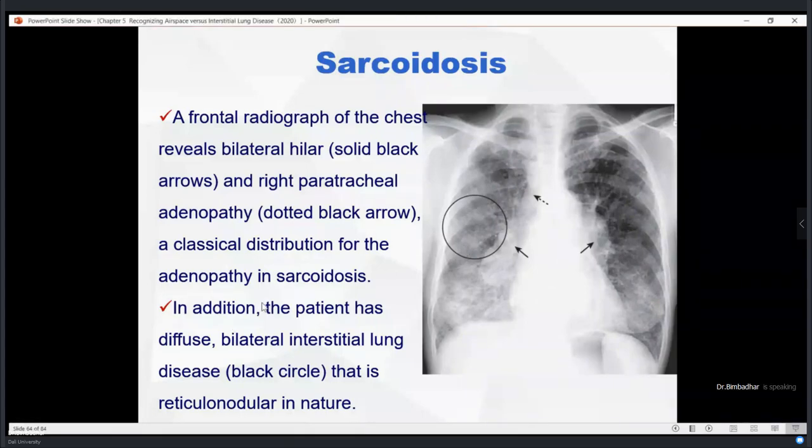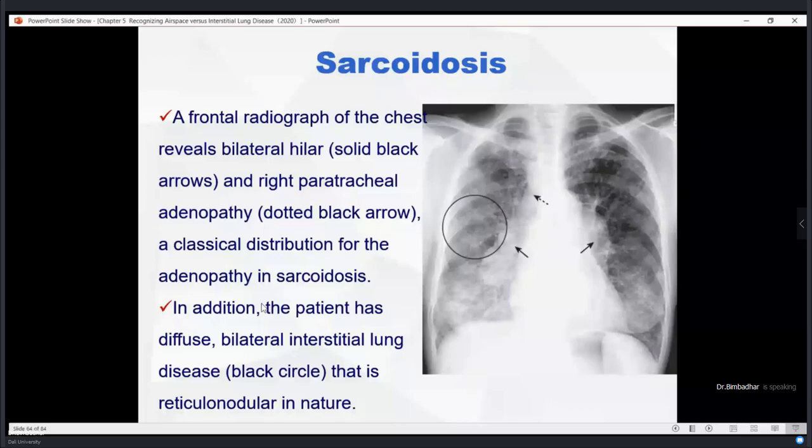Okay, let me tell the cases once again. Case 1: a 45-year-old male has come to an OP clinic with a complaint of fever for the last 3 days, with no respiratory distress and a mild grade cough. On an X-ray, we found a unilateral lymphadenopathy.